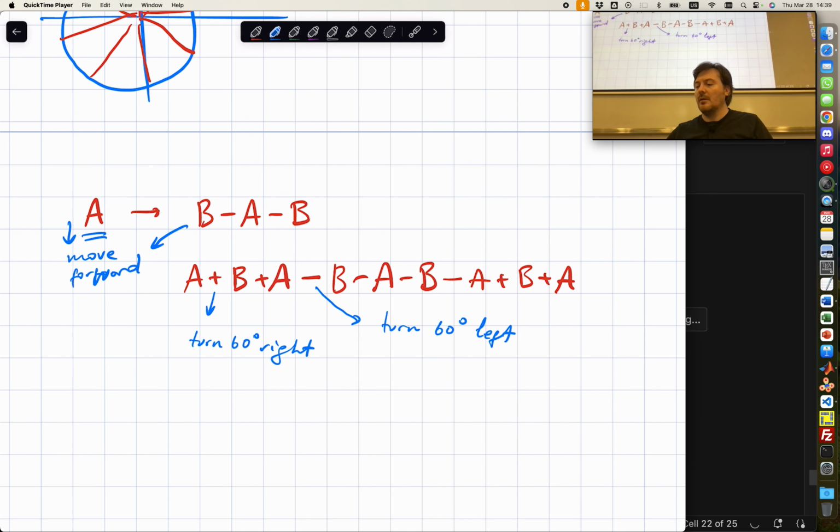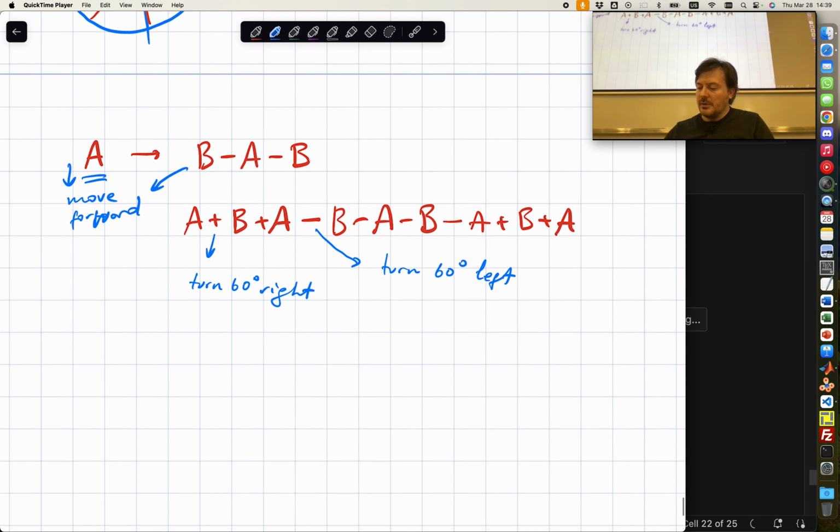Okay. So let's start with go forward, turn 60 degrees right, but don't go forward yet, right? It's just you were going this way, turn 60 degrees, right? We are here. Did you follow it?